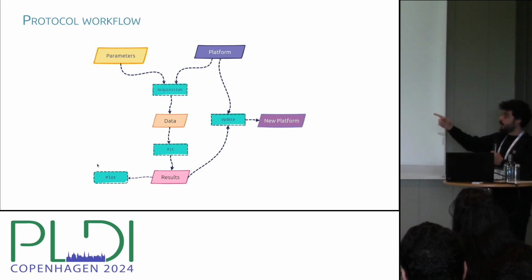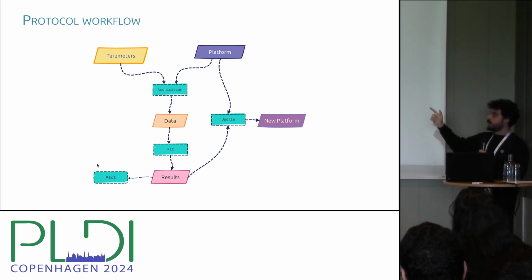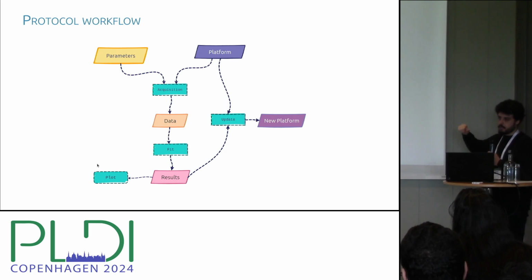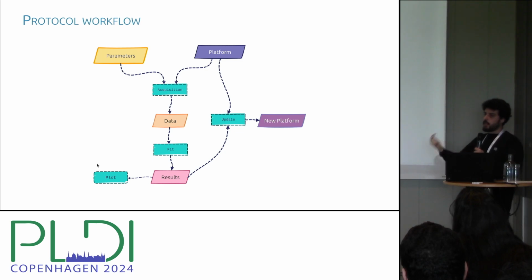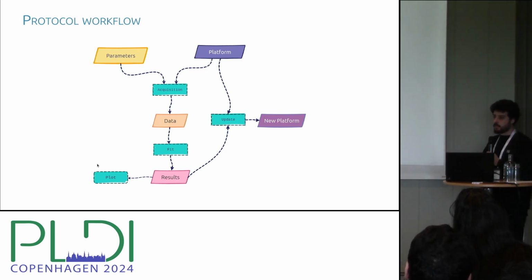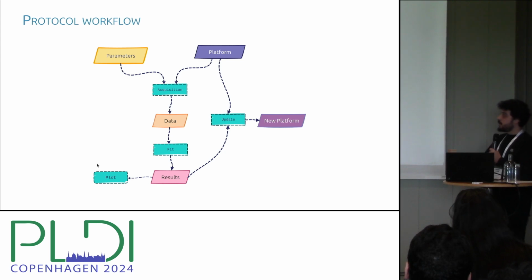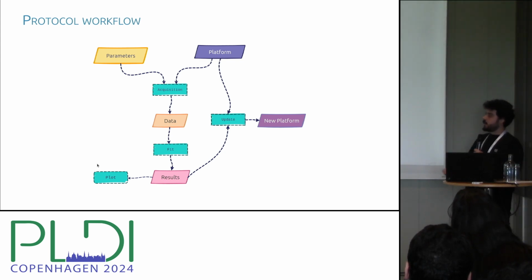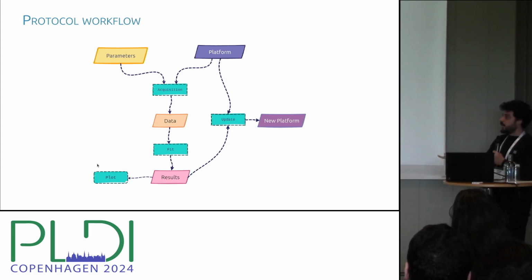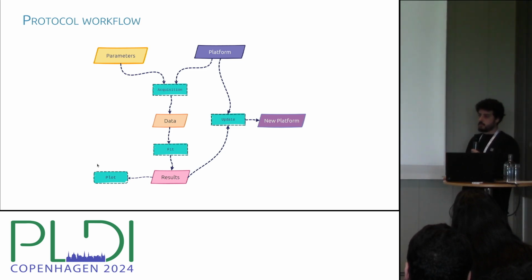Then we pass the parameters and the platform object, that is the platform of the Qibolab library, into the acquisition function. The acquisition function will generate the sequence for that specific experiment and then will run it directly on hardware. The results, so the output, are collected in the data, and then the data are used in the fit function. The fit function is just a post-processing.